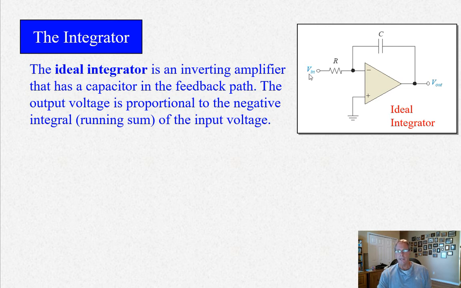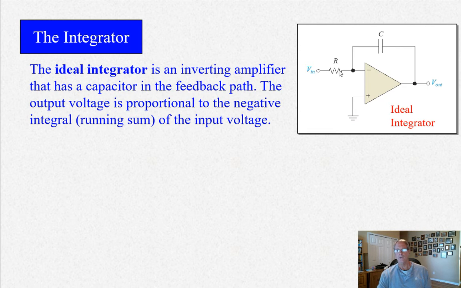Now, the key to understanding how this works is remembering that this inverting terminal is what? Virtual ground. So we have virtual ground here on the inverting input. We have a voltage on the input side of this resistor. So a voltage across a resistor to ground, that's a constant current, right?